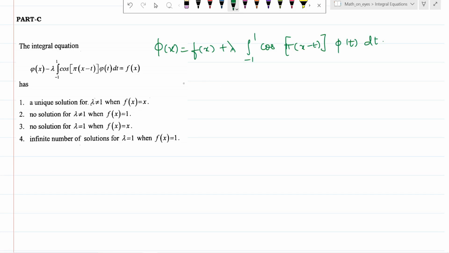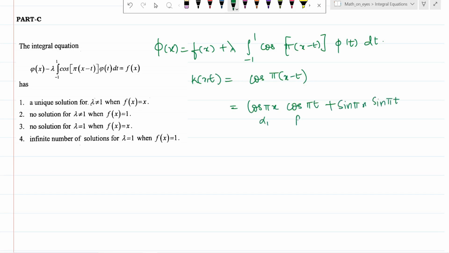Okay, now here kernel k of x comma t is equal to cos pi of x minus t, which is equal to cos pi x cos pi t plus sin pi x sin pi t. So this will be alpha 1, beta 1, alpha 2, beta 2. Ax is equal to B is the matrix, right?